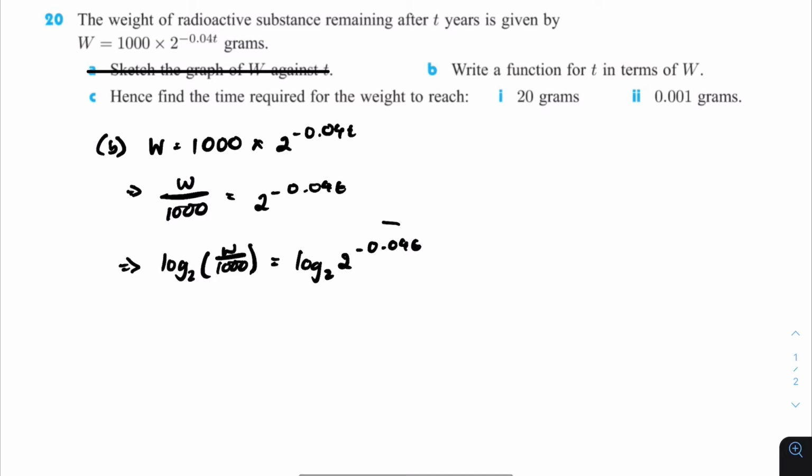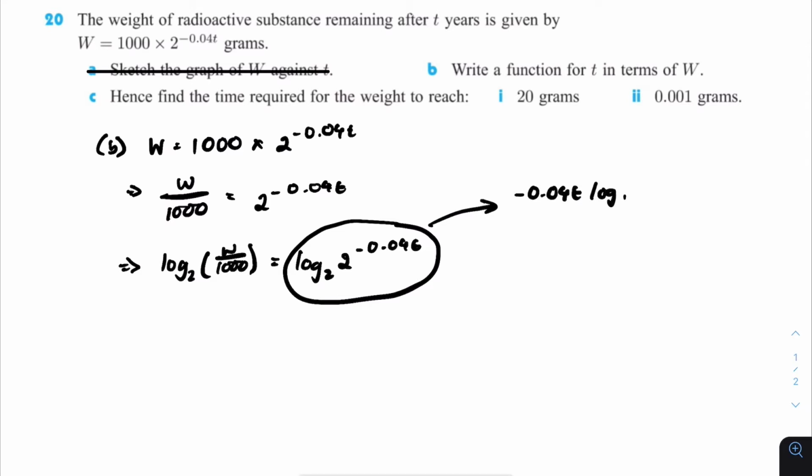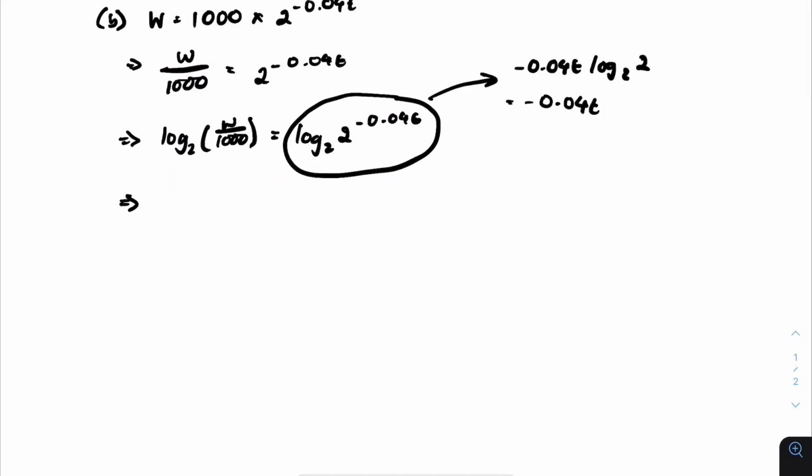And if we just take this part and simplify that down, because we can, it becomes negative 0.04 T times log base 2 of 2, as you bring the power down, which is just equal to negative 0.04 T. So what we essentially have is log base 2 of W over 1,000 is equal to negative 0.04 T. And all we have to do is divide both sides by negative 0.04 to get what T is.